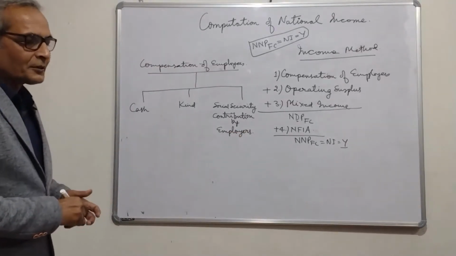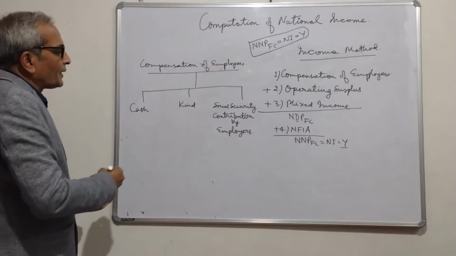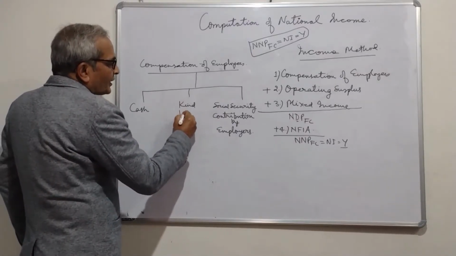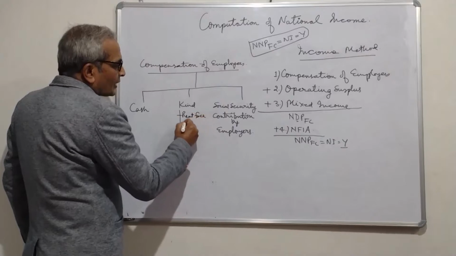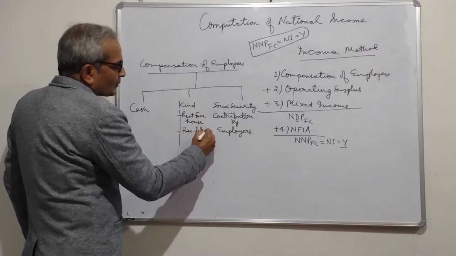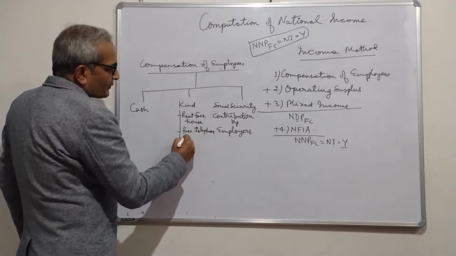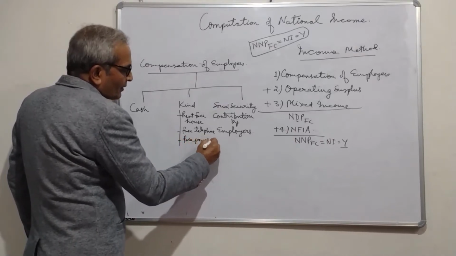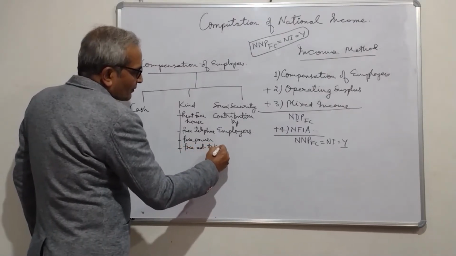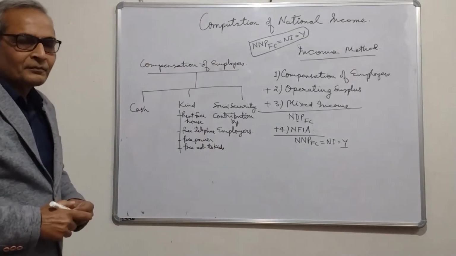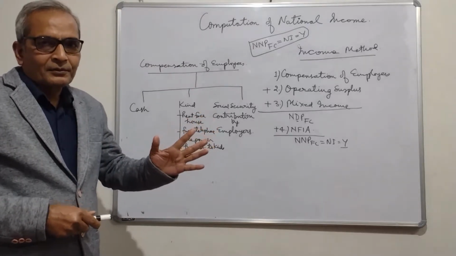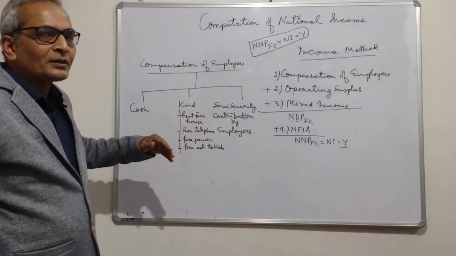Now, cash is pretty clear. Then in kind, we have many different items like rent-free house, free telephone, free power, free education for kids, chauffeur-driven car, subsidized canteen facilities, etc. For all these items, employees are reimbursed.